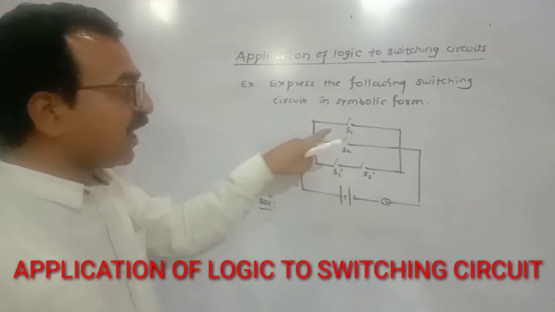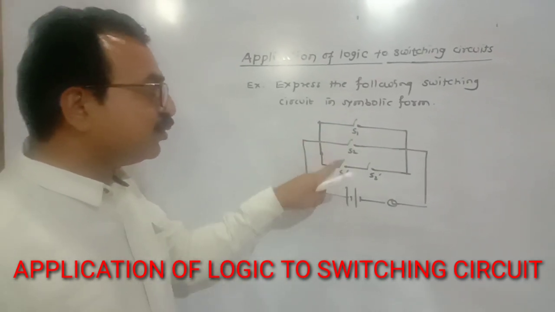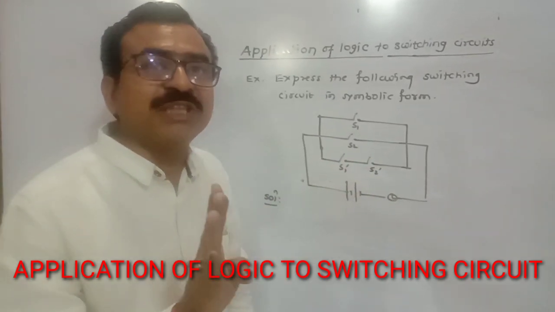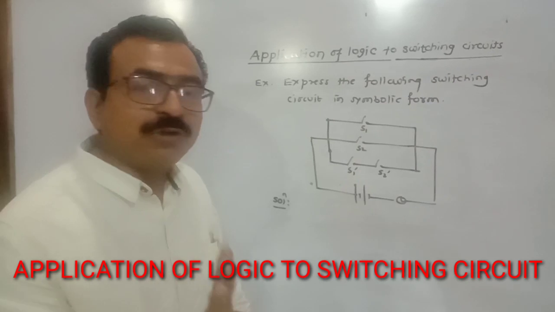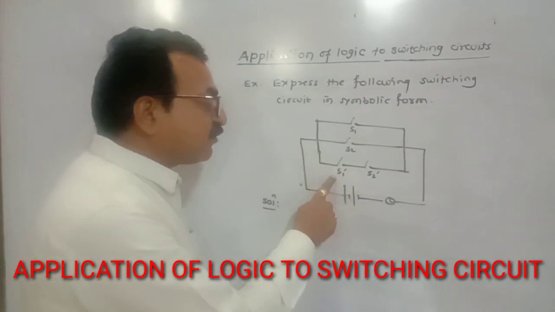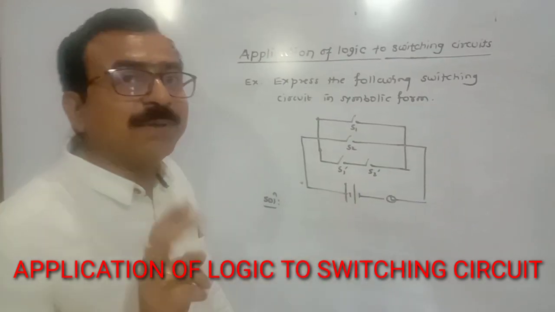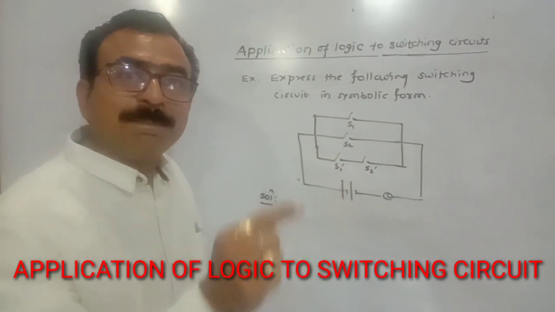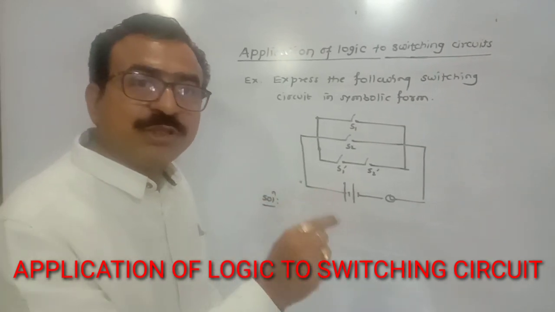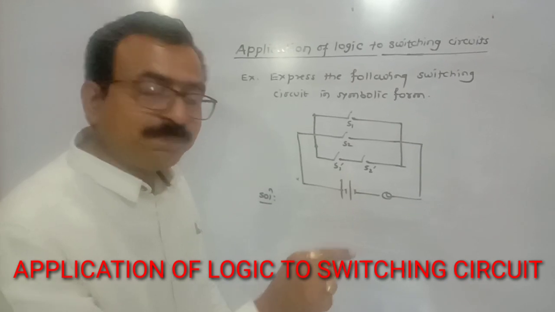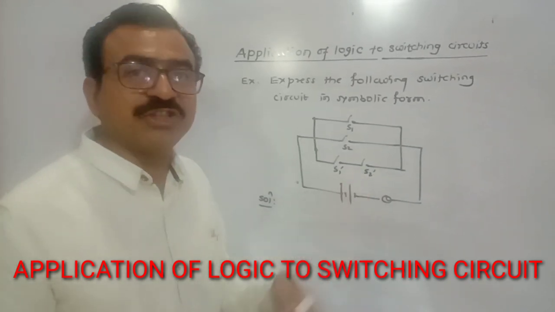In this circuit diagram, S1, S2, S1 dash and S2 dash, means a total of 4 switches are used. Out of these 4 switches, S1 and S2 are the 2 main switches, and S1 dash and S2 dash are the 2 complementary switches. So represent S1 by P, S2 by Q, S1 dash means negation P, and S2 dash means negation Q.